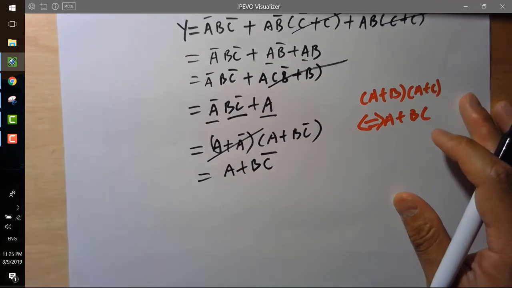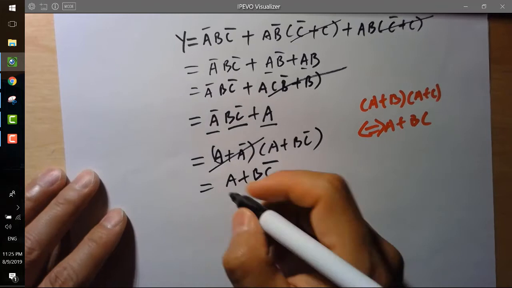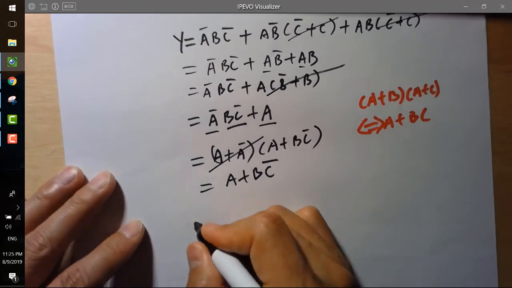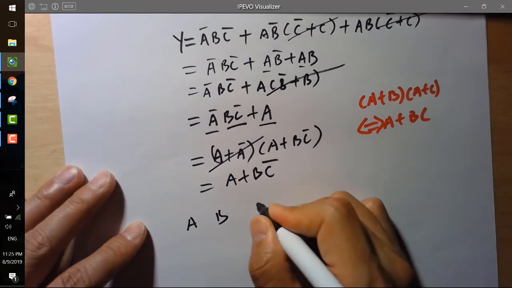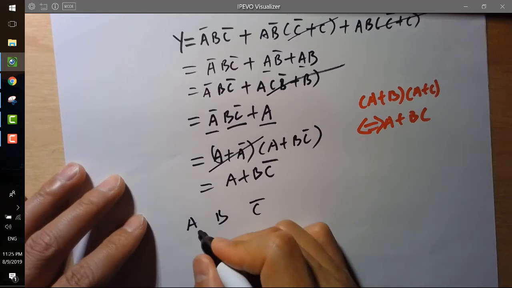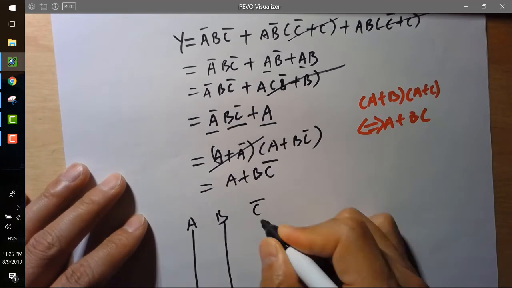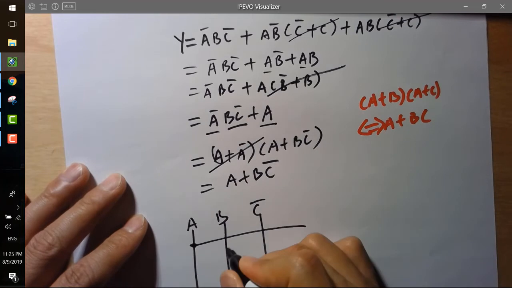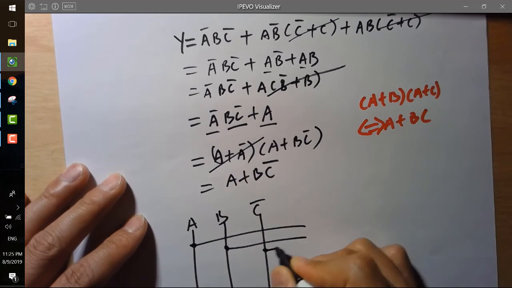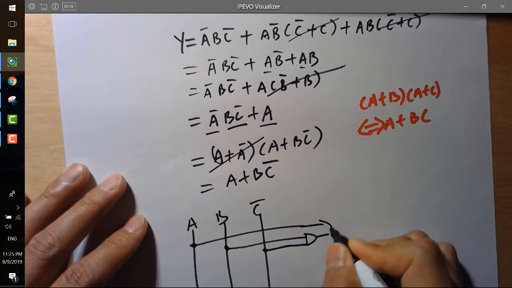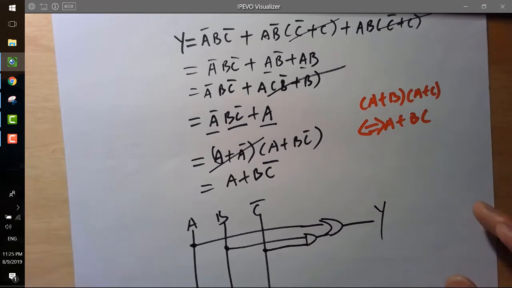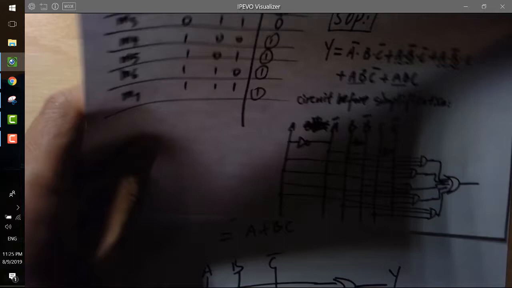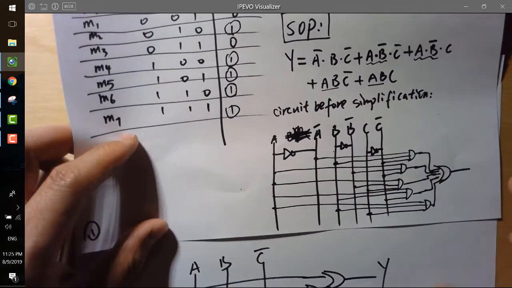Now I can compare. We can design a circuit from here easily, right? So we have A, B, C naught, 3 lines, right? Just like A or B and C naught. It's going to be Y. And this circuit will do the same thing as this circuit.